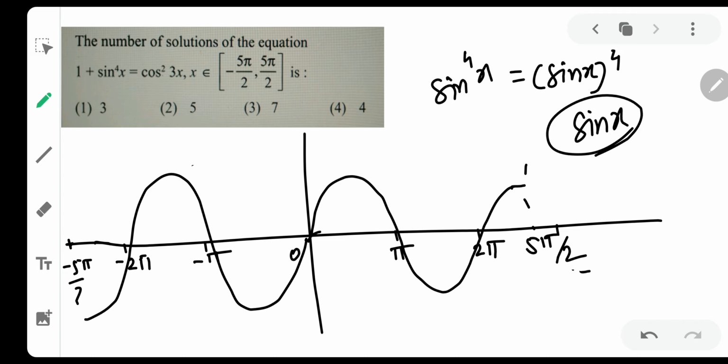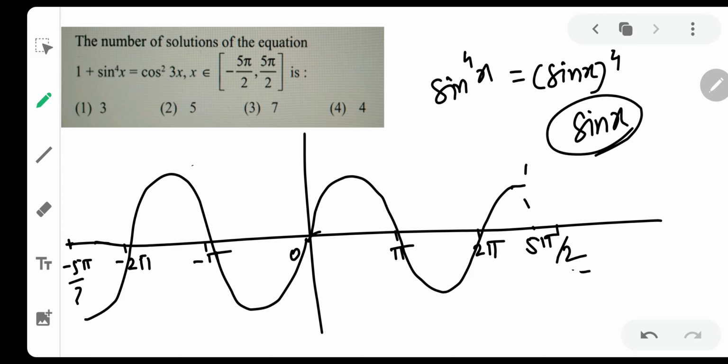As it is raised to 4, it will go a bit stiffer. Its slope will increase because it is increasing, but the range of sin x is from minus 1 to 1, and therefore the fractions are there from 0 to 1, and when you are raising it to 4 the numbers become lesser.